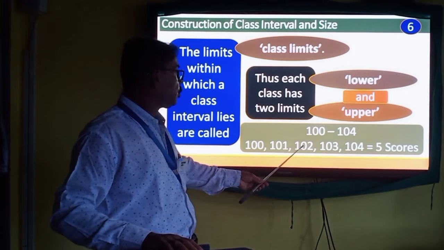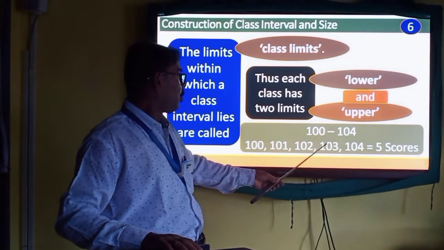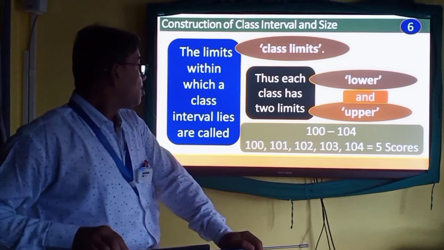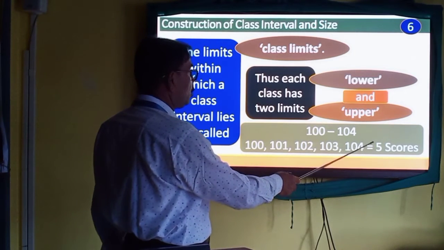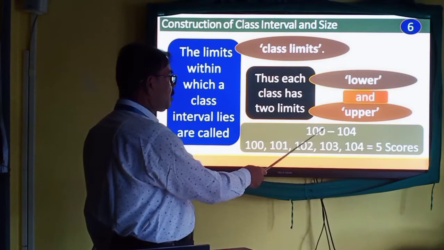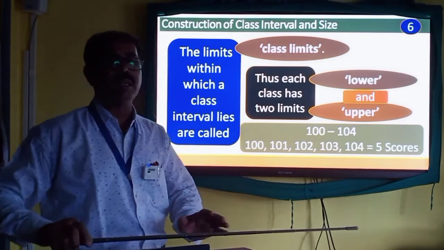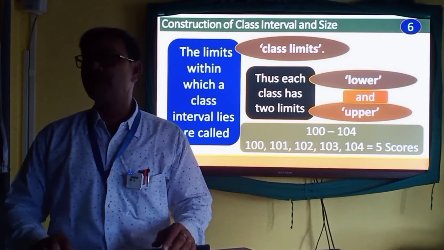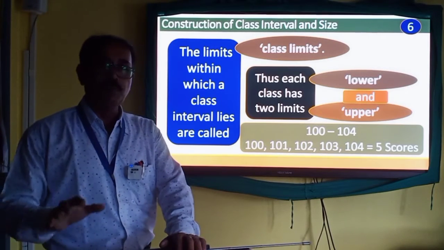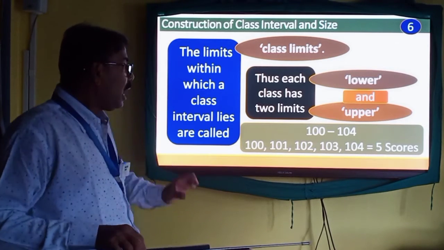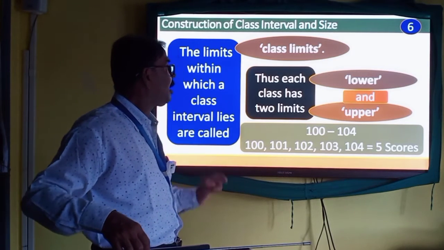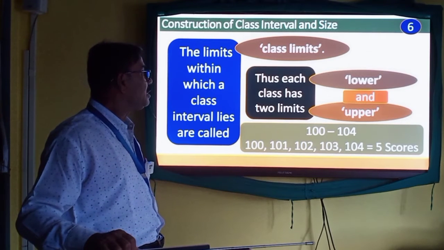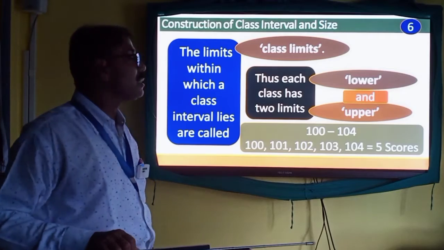How many scores are there in the class interval? Total 5 scores are there. So friends, the range of this class interval is 5, and by saying 100 to 104 we mean the 5 scores inclusive in this class interval, where the lower limit is 100 and the upper limit is 104.